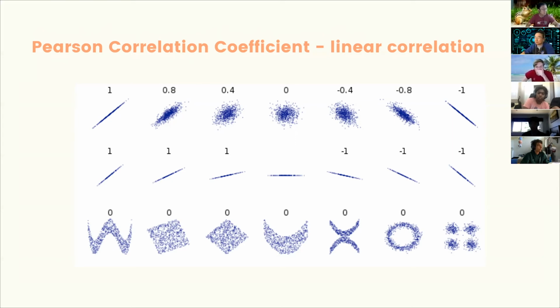That's why the correlation is 0. But you can also have these funny shapes. They are probably correlated in some fashion, non-linear, right? You can see on the right-hand side, there's a circle here. That's definitely correlation, right? But it's not correlated in a linear fashion, okay? And the correlation coefficient still is 0. So this correlation coefficient doesn't really tell you whether the whole thing is correlated or not. It just tells you it's not linearly correlated.